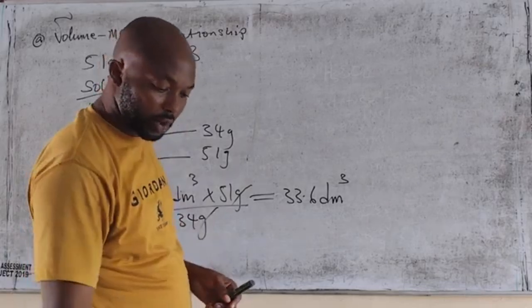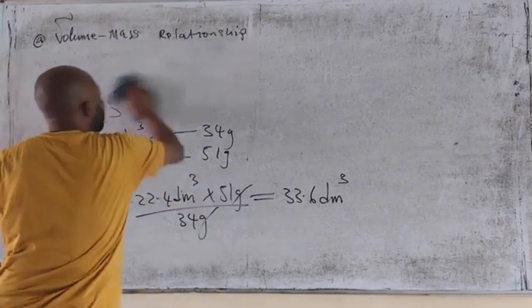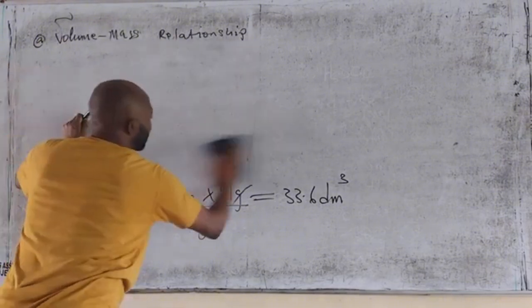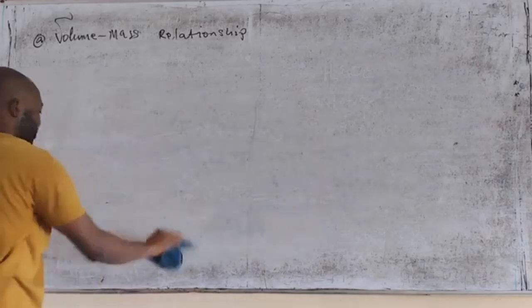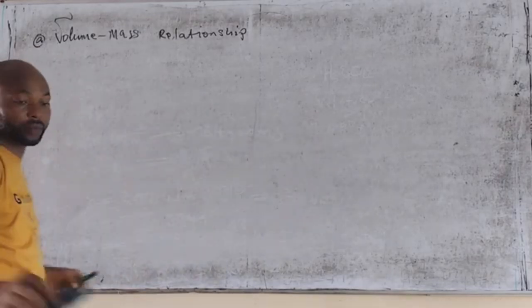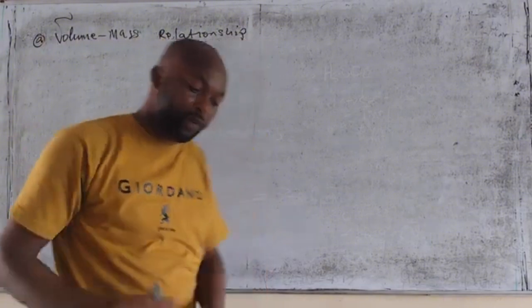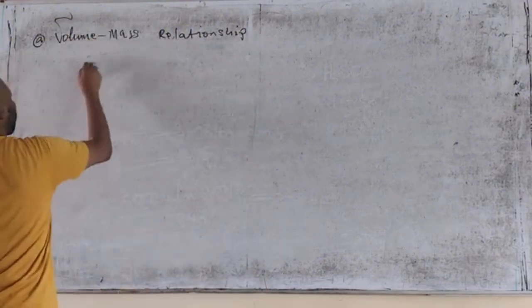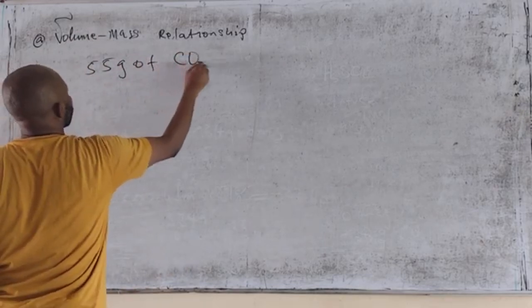Let's take another question. Calculate the volume of 55 grams of carbon 4 oxide.